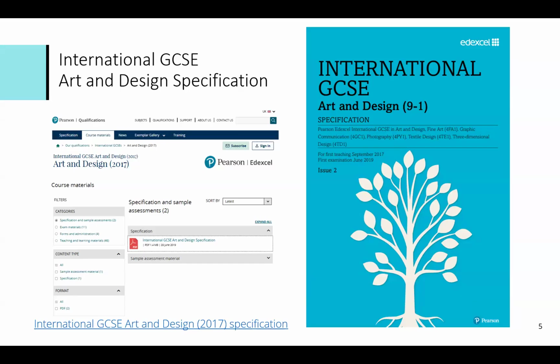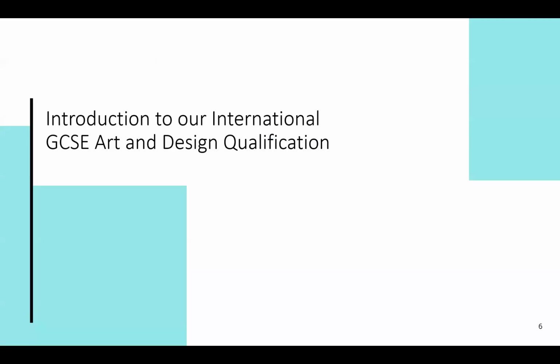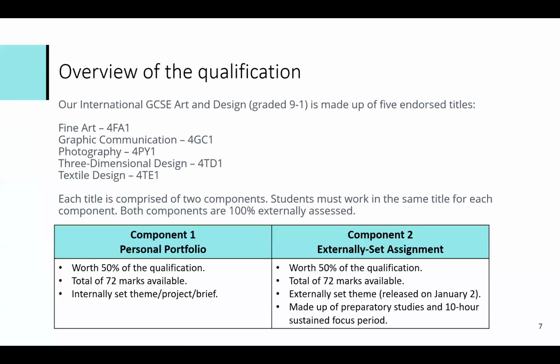It is an essential requirement for teachers to comply with the expectations of the qualification and be familiar with this document. The link to the specification is in the slide. Introduction to our International GCSE Art and Design qualification. I will now run through an overview of the qualification.